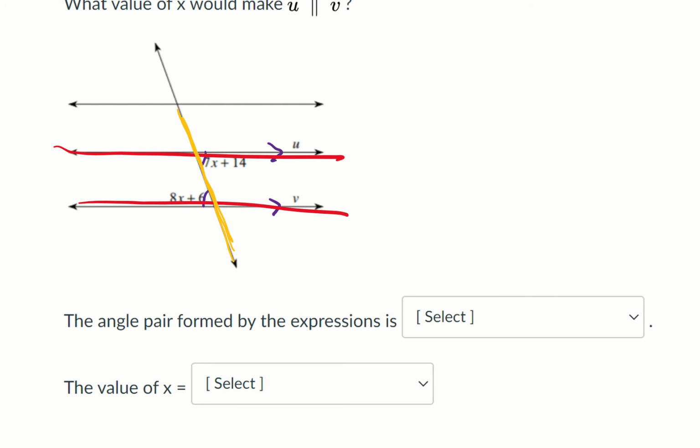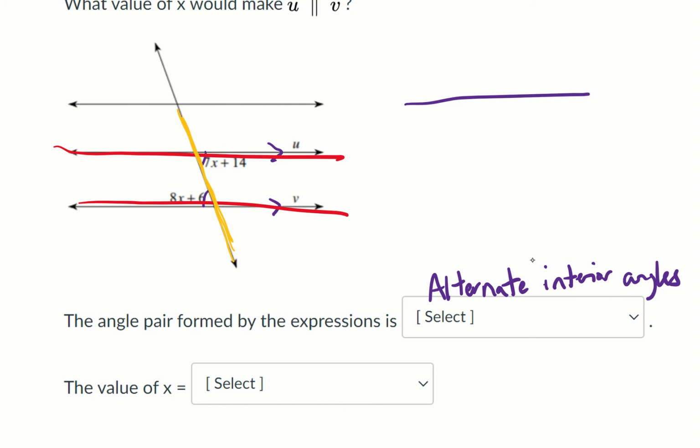And they're also inside the sandwich. Okay, so they're inside our diagram, and so they're alternate interior angles. And because they're alternate interior angles, we know that they're equal. You have to know that alternate interior angles are always going to be equal.